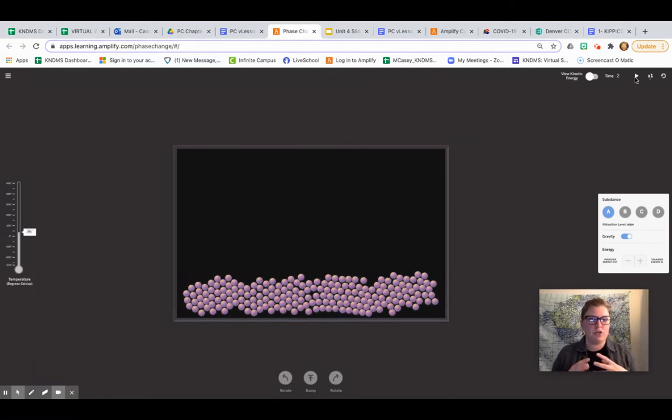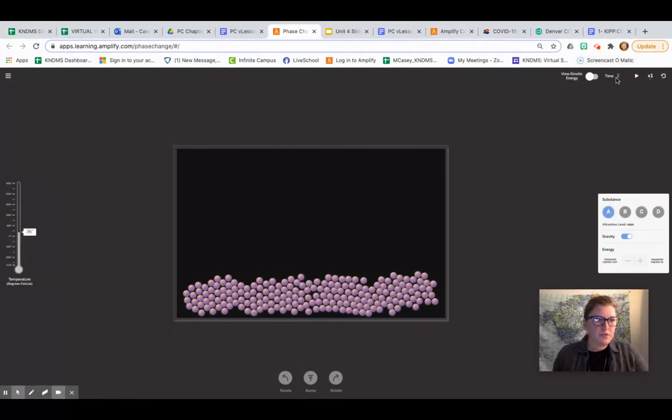They're usually just not going to flow with the container. So my first guess is that A is a solid because it's not taking the shape of its container. You'll see that substance B is a liquid and substance C will be a gas. And those molecules in substance B and C will look a little different than they do in substance A.